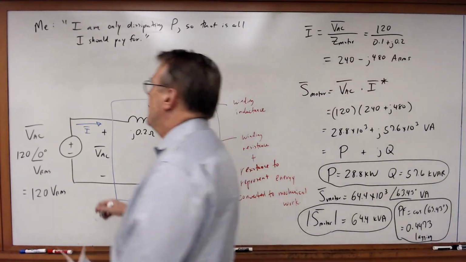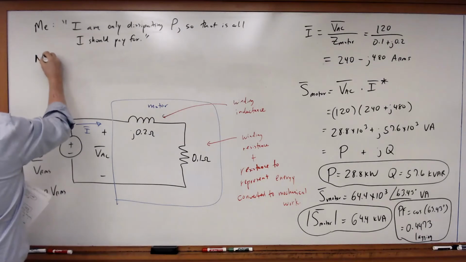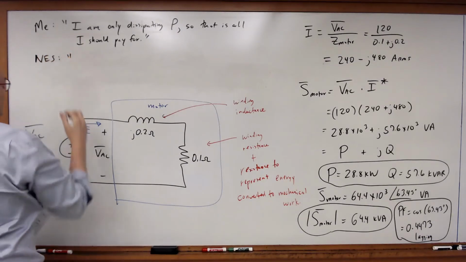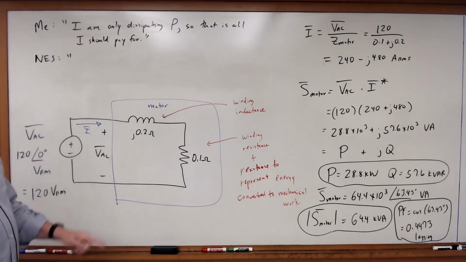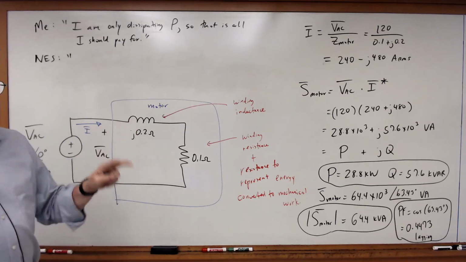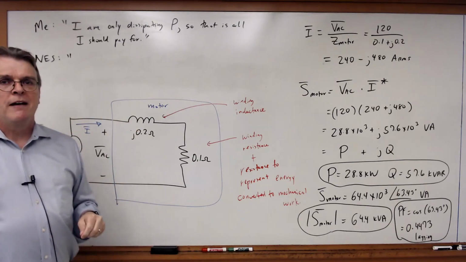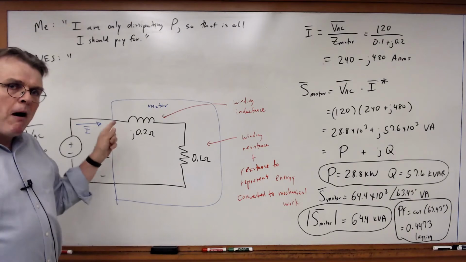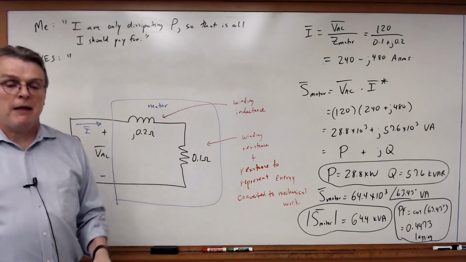Well, NES, Nashville Electric, has a different point of view. They say that even though I'm only borrowing Q, when I ask for them to borrow that, they must be able to supply it.